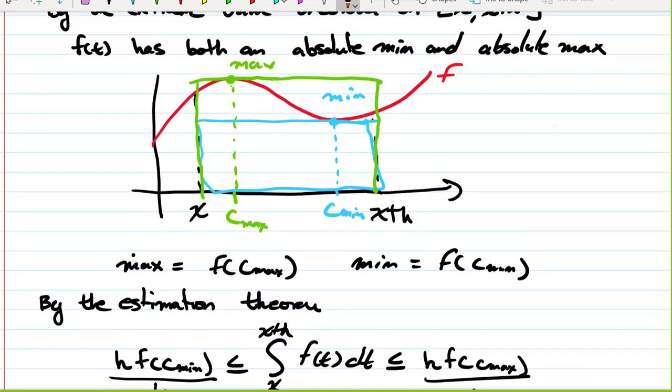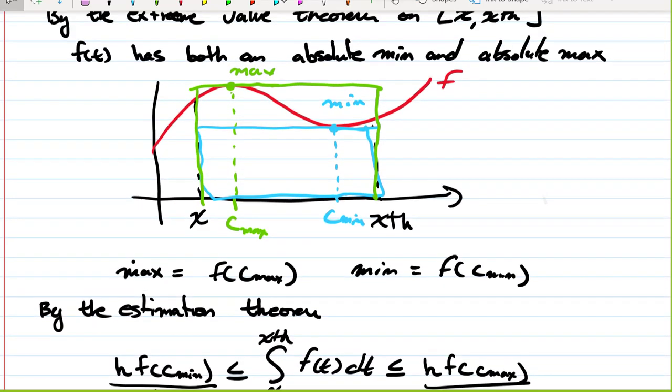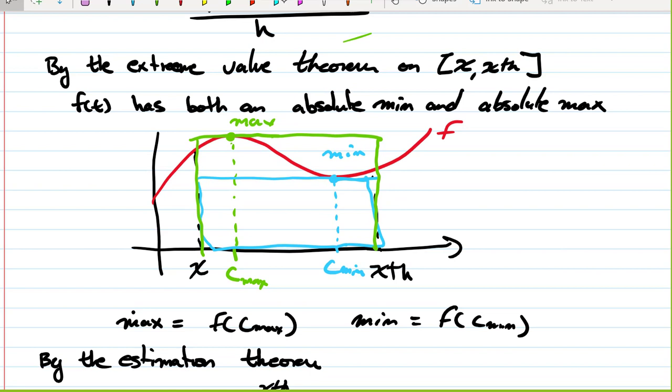But let's go back to our picture. In this picture right here, as h goes to 0, what's going to happen here? As h goes to 0, this point, x plus h, is going to squeeze back here until I have x and x.